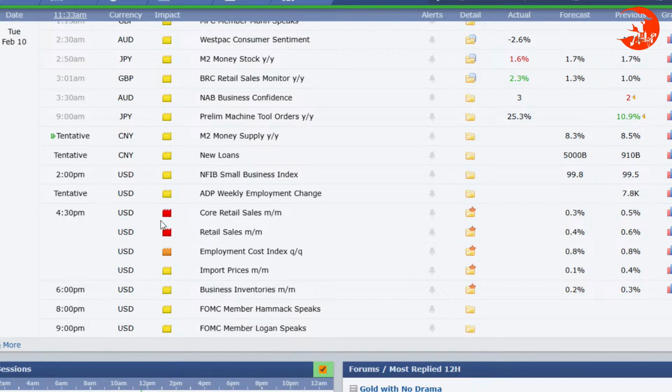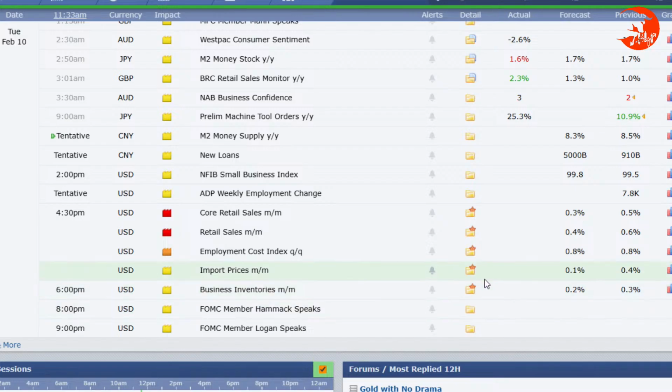This one right here, 4:30. Core retail sales and then retail sales. Those two reports are likely to cause some havoc in the market, either to give us that drop that I've just showed you, or to actually break that resistance.